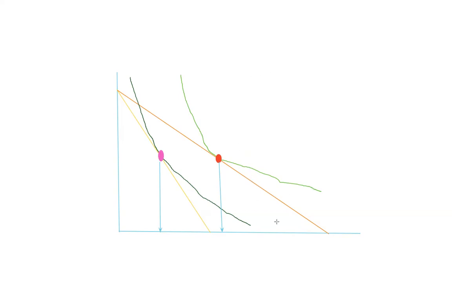We have different prices for X and different quantities of X. So this I would call our X0 star, our optimal amount of X initially. And this one I would call our X1 star.